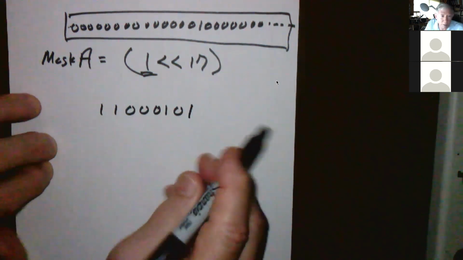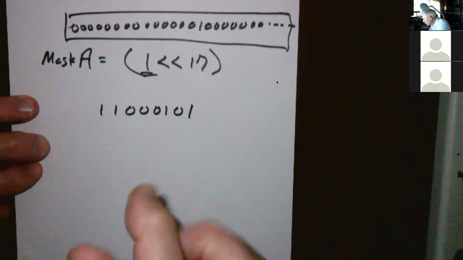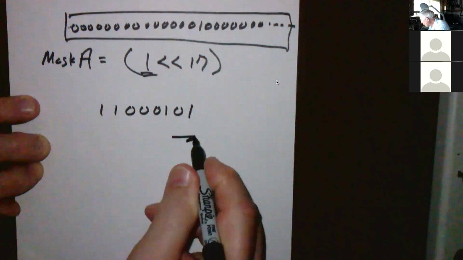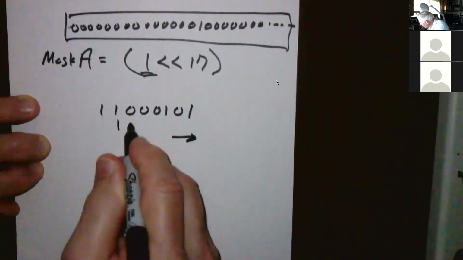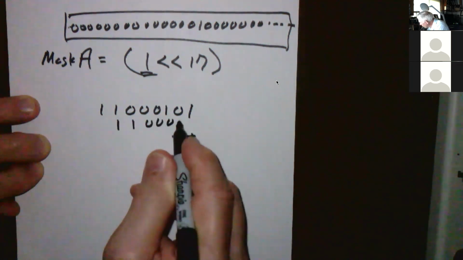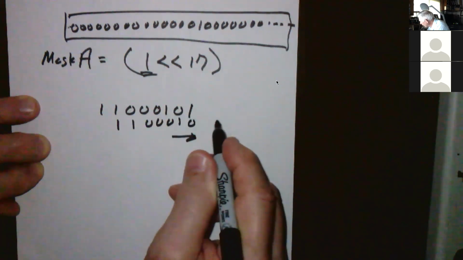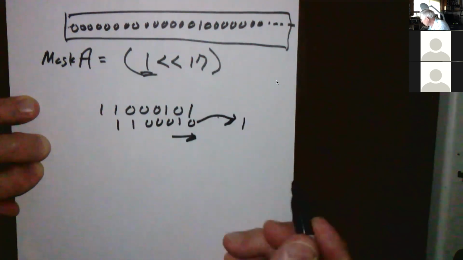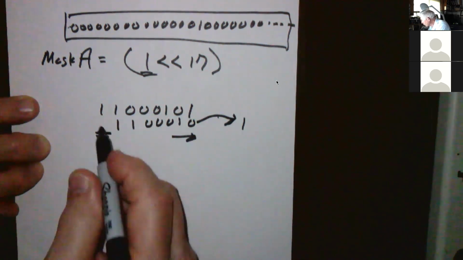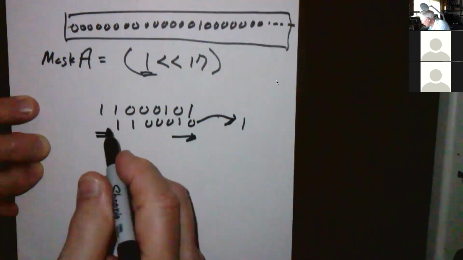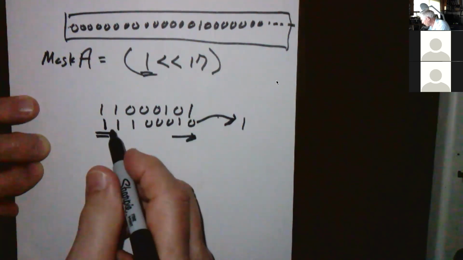An arithmetic shift right will shift all these digits down. So now we'll have 1, 1, 0, 0, 0, 1, 0. This last 1 will just be discarded. What's shifted in at the top? If you're doing a logical shift, it would be a 0. But if you're doing an arithmetic shift, it replicates the sign bit.